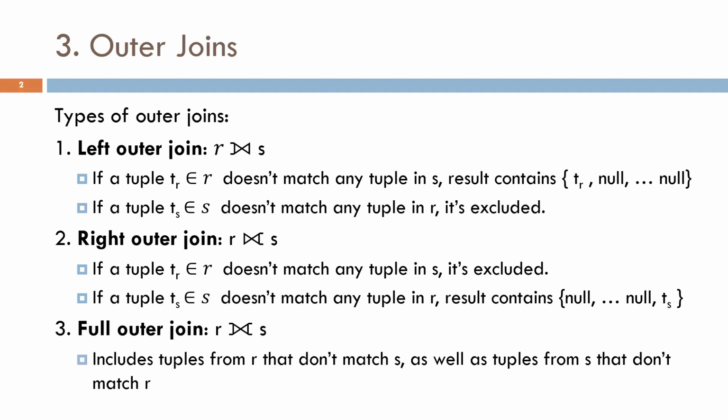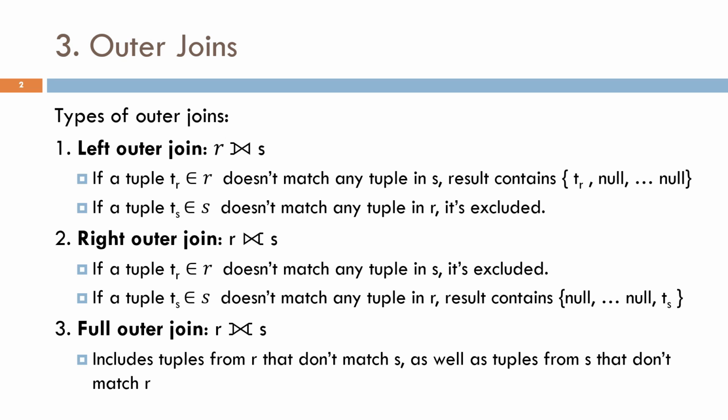The third type of outer join is full outer join. It is denoted by this symbol, R full outer join S. In a full outer join, the result includes tuples from R that don't match tuples from S, as well as tuples from S that don't match relation R. It simply includes all tuples from both relations, even if these tuples don't match, and missing information is represented by null values in the result.